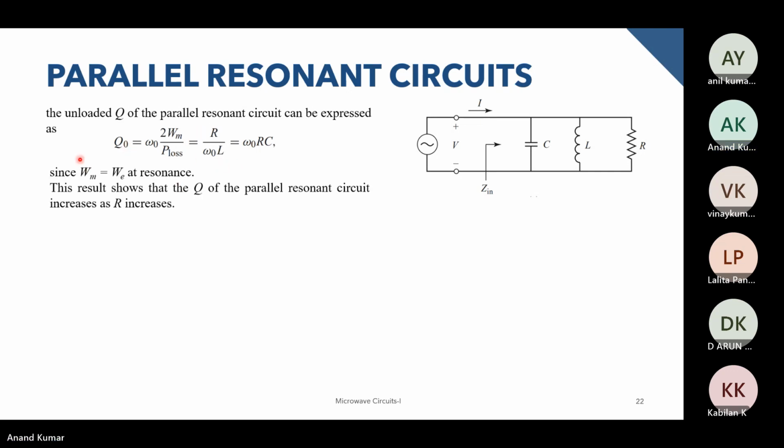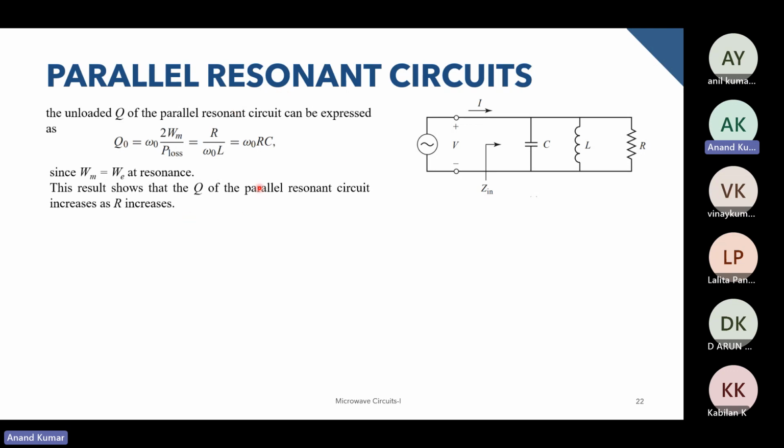So the unloaded Q is given over here, and from this result we can see that the quality factor for the parallel resonant circuit increases as R increases, while in the case of the series resonant circuit, the quality factor decreased when R increased.